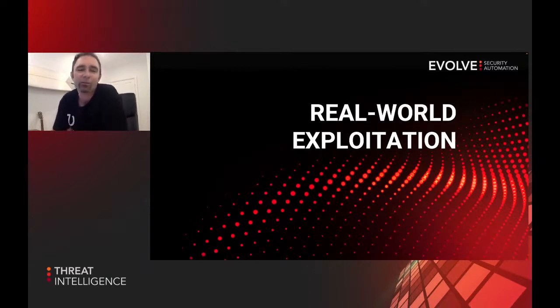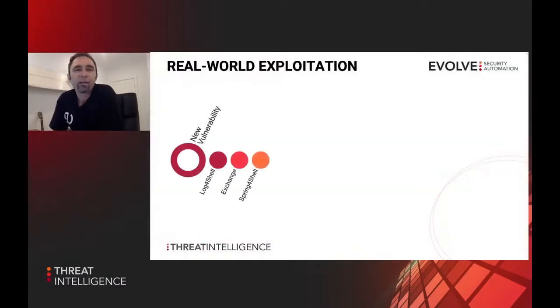So we get to see a lot of these attacks as to how the exploitation actually works in reality. So I want to step through a couple of real-world exploitation examples.